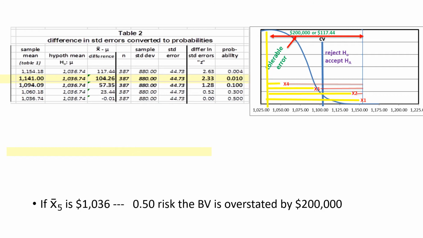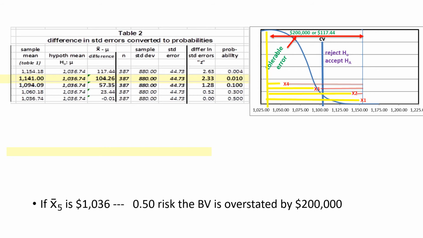We take the book value minus tolerable misstatement, 1036 in this case. So instead of measuring the distance from the book value to the sample mean, we measure the distance from the sample mean to what I call the hypothetical mean, what we're trying to prove. Do you see it's the same thing? We're just measuring from the left to the right instead of the right to the left.